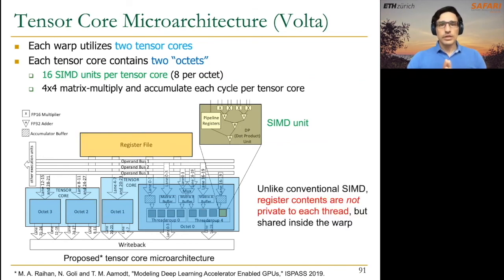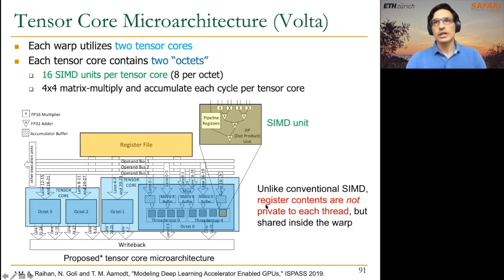There is something interesting here as well, because even though this is a SIMD unit, a specialized SIMD unit that we also have inside each GPU core, there is something that makes it different from conventional SIMD units and even from the other SIMD units in the GPU core.